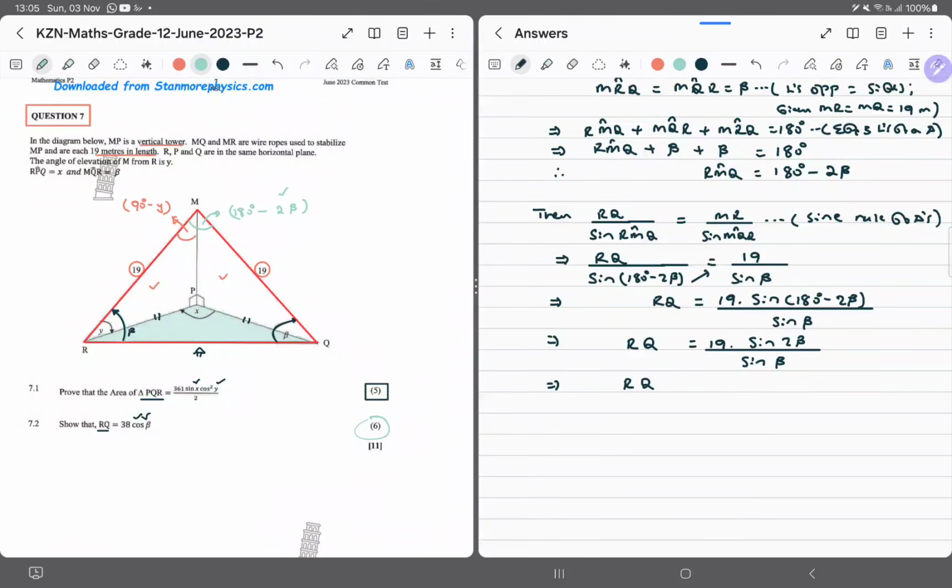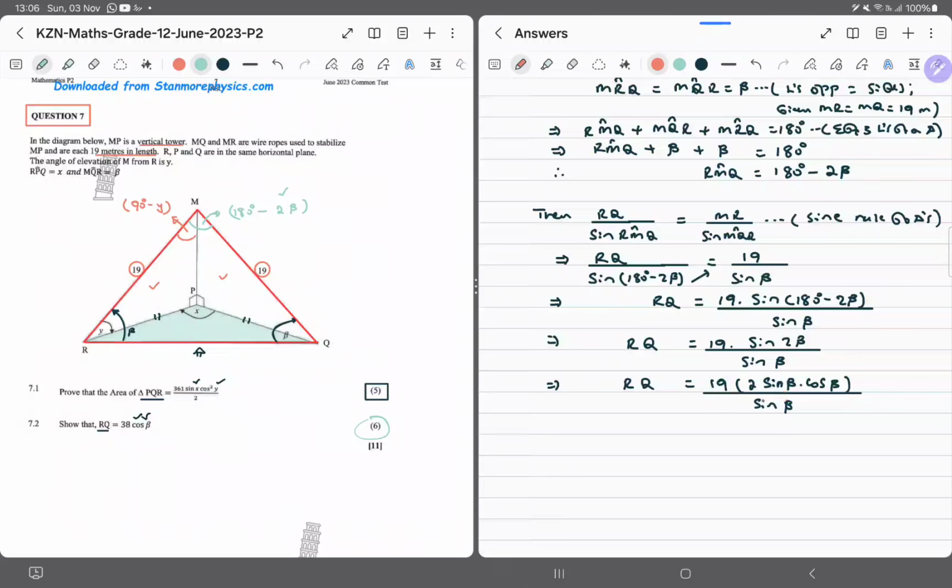Okay, we go on nicely. So some steps can be quite intense, okay? So have the patience. 19 into, this is a double angle identity. So this is 2 sine beta cos beta all over sine beta. All right, so what do we see?